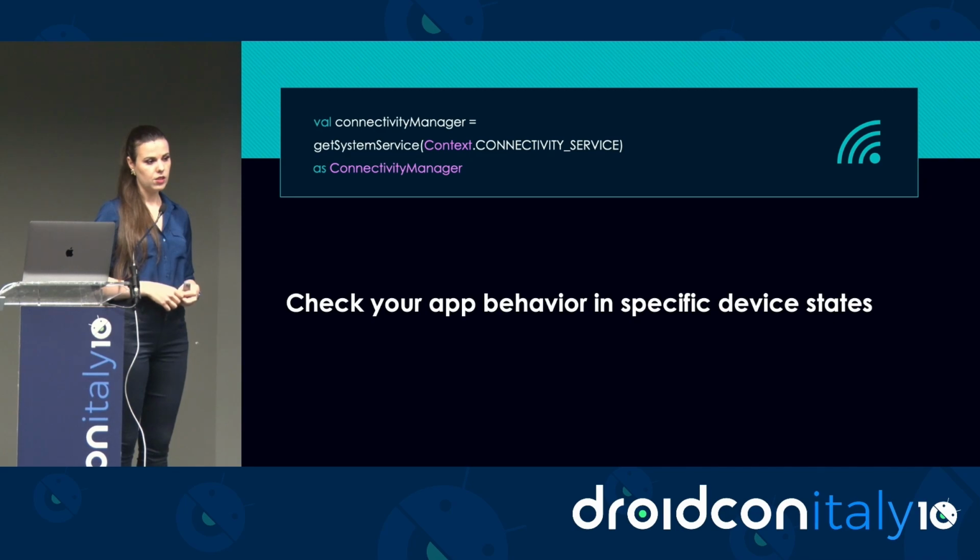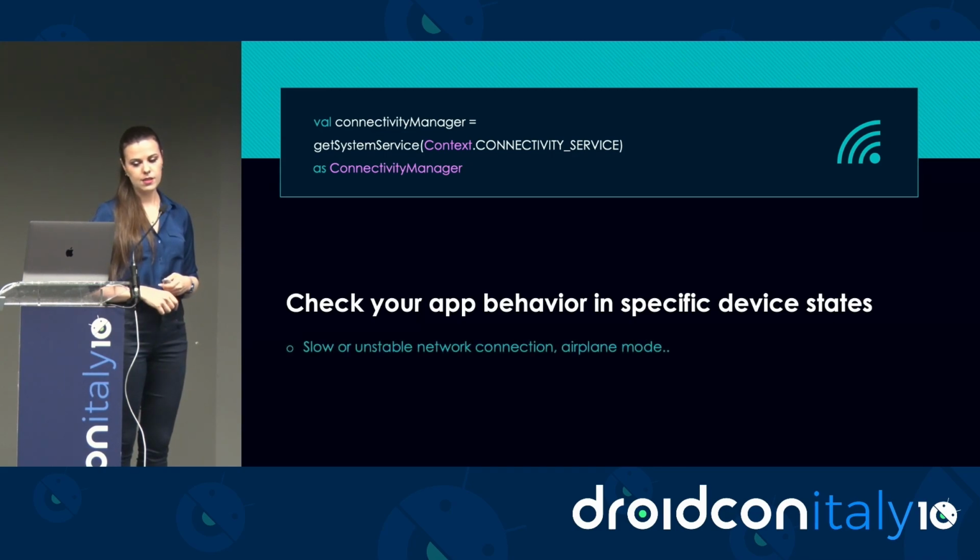Or slow internet connection, or unstable internet connection, or outdated Android operating system. This is where our app stability gets challenged. And this usually happens on low-end devices. So I would say those are the most interesting to test on.